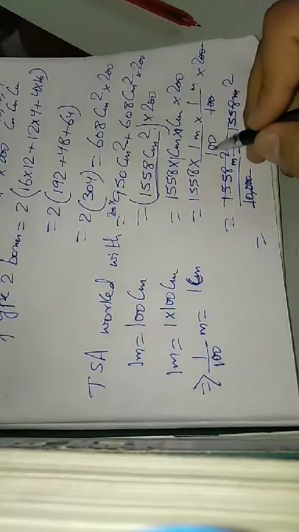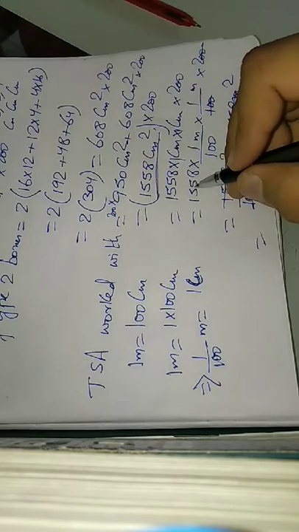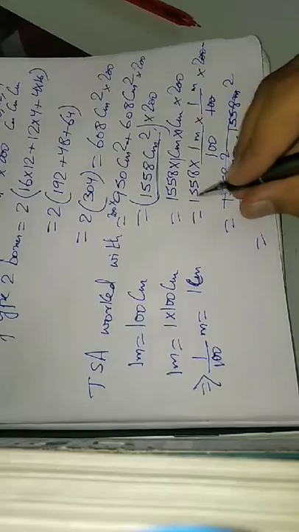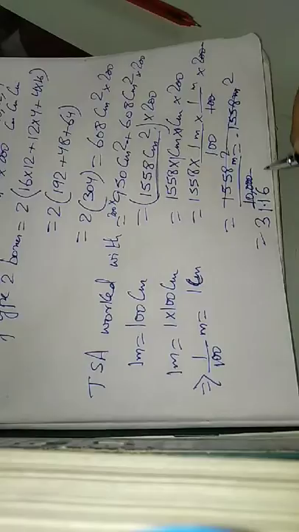Into 200, gone. Now it is just 2 zeros, so you will get the decimal before 2 numbers. Into 2, so 2 8s are 16, carry 1. 2 5s are 10 and 1 is 11, carry 1. 2 5s are 10 and 1 is 11, carry 1. 2 1s are 2 and 1 carry is 3. 3 1 1 6, and for 2 zeros, the decimal goes before 2 numbers. 31.16 meter square.